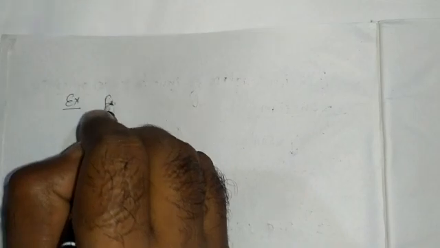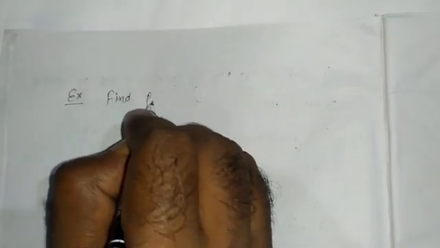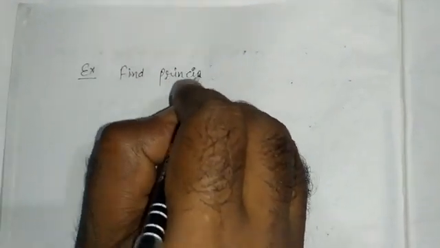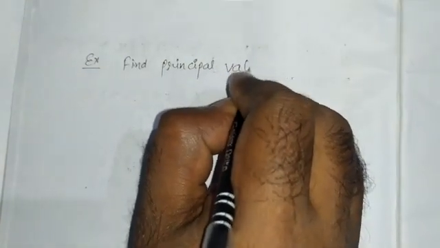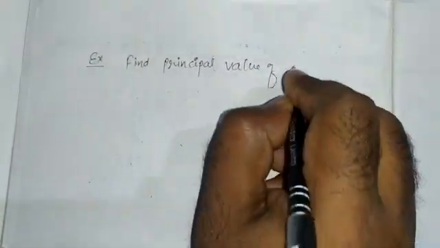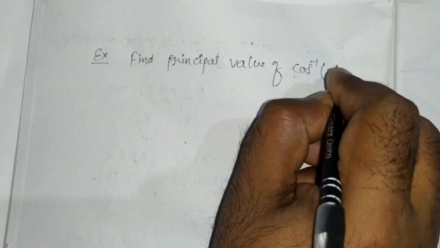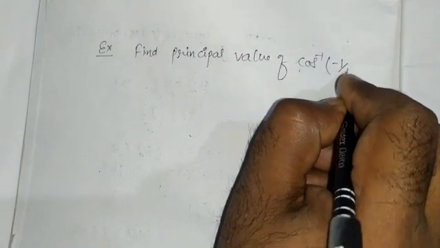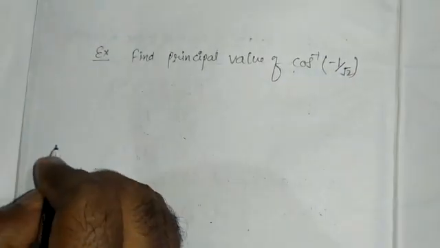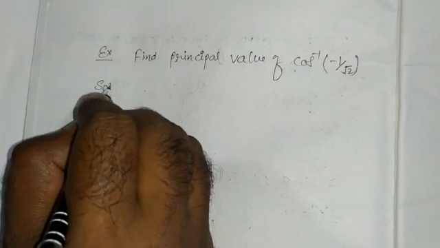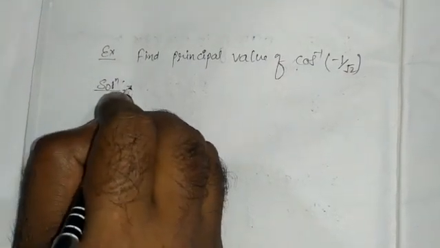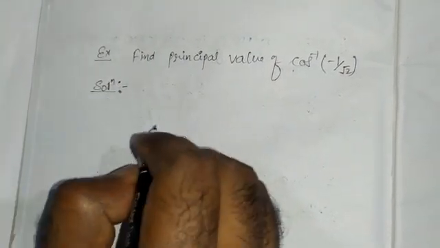Now next example: find the principal value of cos inverse minus 1 upon root 2. Okay, now start the solution. Remember the first example.